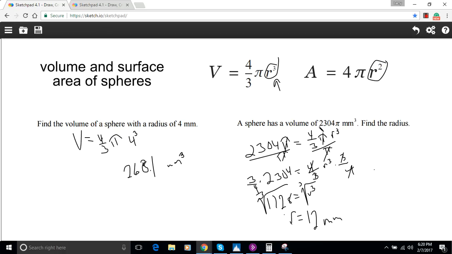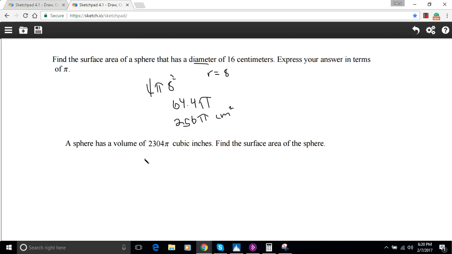This happens to be the problem we just did, this 2,304 pi. We found the radius here. We found it to be 12. So we'll just go ahead and use that. Our radius is 12. And once we've got the radius, calculating the surface area is not that big a deal. It's 4 times pi times the radius squared.